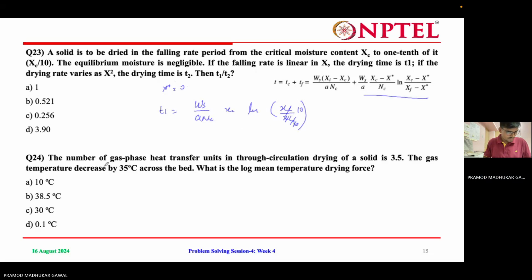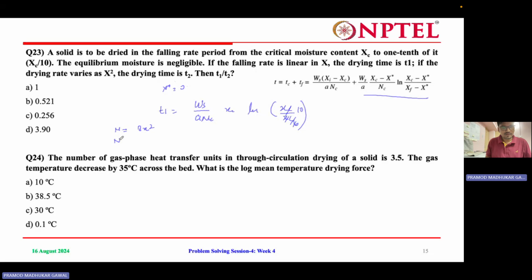Now calculate ln 10, which is 2.3025. In the second case, N is equal to b X square, where b is a constant.